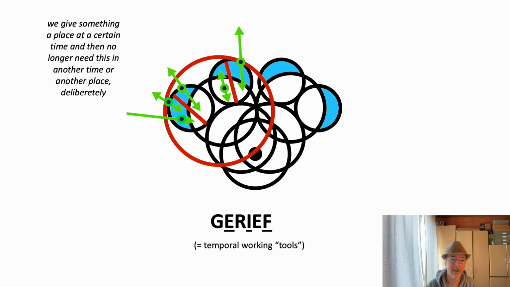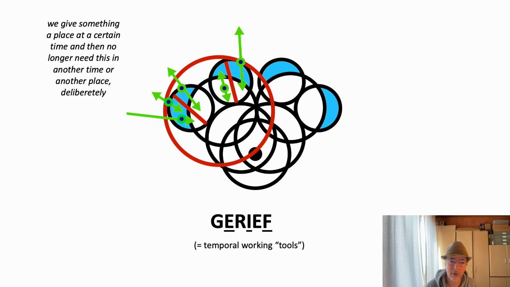The word GERIEF, which means temporal working tools, is a Dutch word. It's the same thing, but we can give it a place and a practical place. It's not so negative in this case. We use it deliberately, so we lose some.